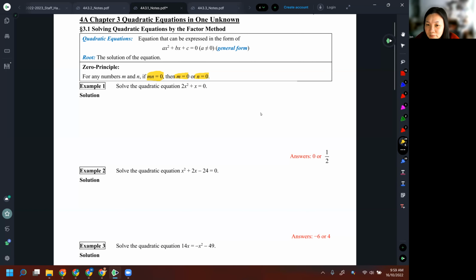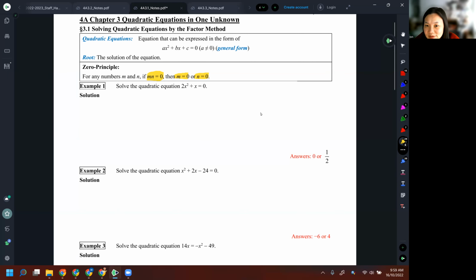I think even though this method is very simple and very natural, you have to realize that quadratic polynomials cannot always be factorized.